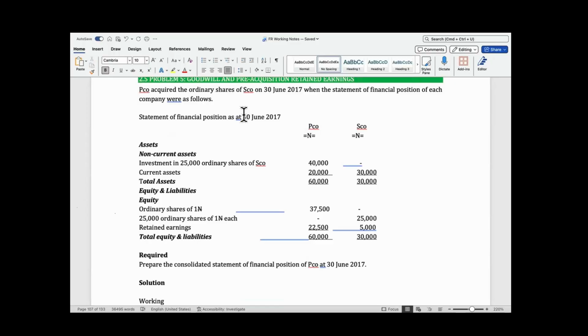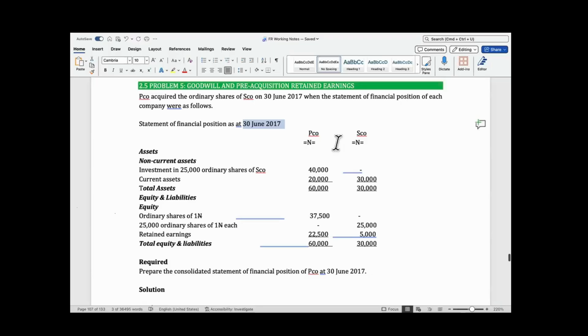They give a statement of financial position of the two companies, parent and subsidiary, and I'm asked to consolidate. Can any one of you tell me the similar items here that we're going to cancel out in Pico and ESCO?